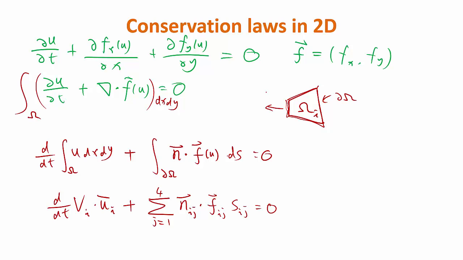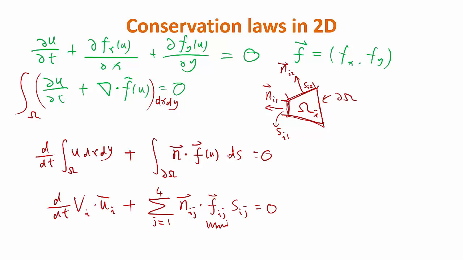Let's say this is n_i1 and the length is S_i1, and this is n_i2, a vector, and the length is S_i2, etc. And this interface flux is the only thing we need to approximate. Is this clear how it works in 2D?